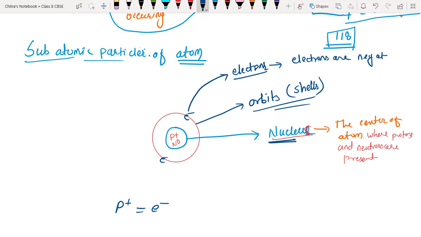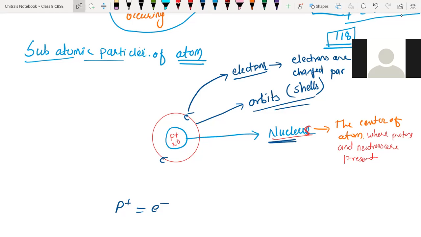Yes, I will write that also, don't worry. So electrons are negatively charged particles. The charge is negative 1.67 into 10 to the power minus 19 coulomb on one electron.